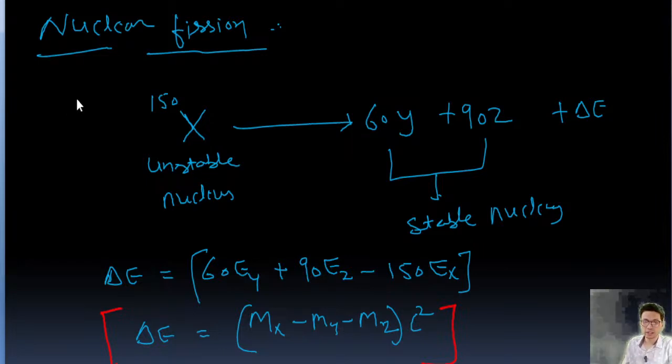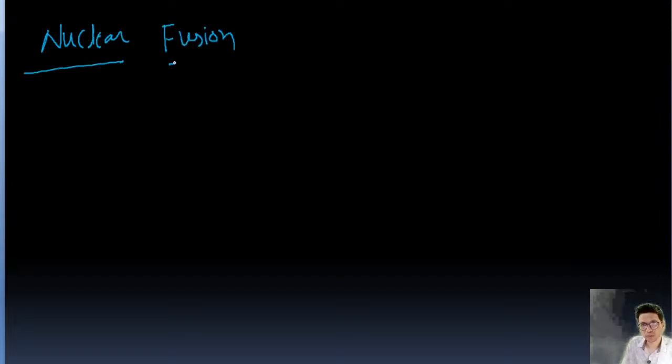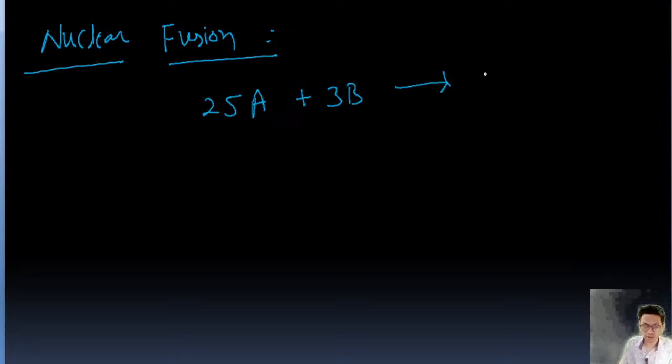Okay, guys, next is nuclear fusion. Nuclear fusion, that is, suppose 25A plus 3B, two atoms, react together and they make 28C plus delta E. So this is the fusion.